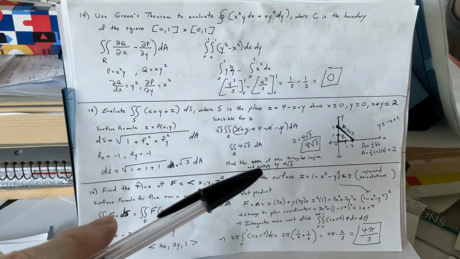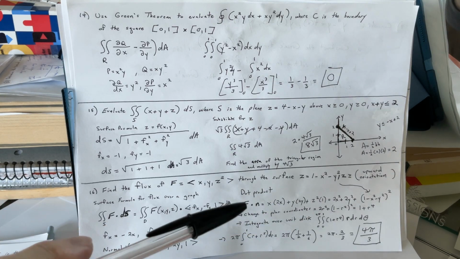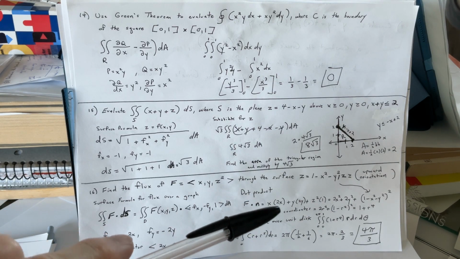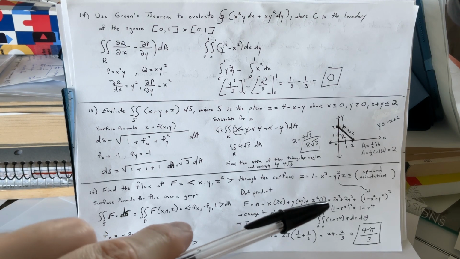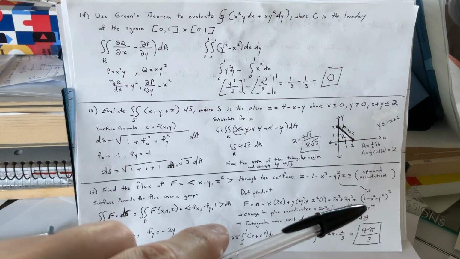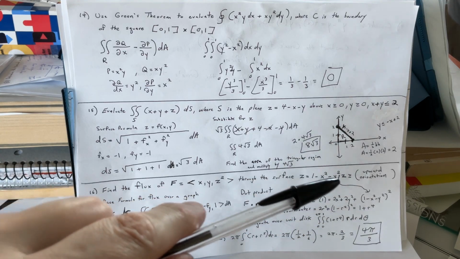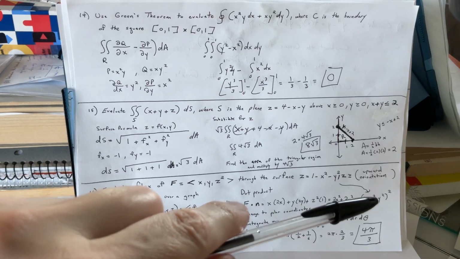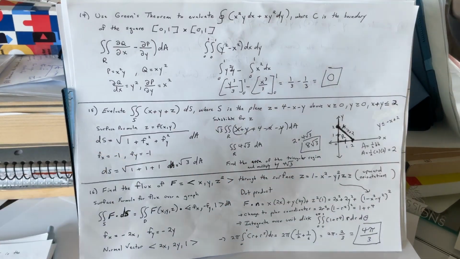Now the dot product F dot n is just basic here. We have x times 2x plus y times 2y plus z squared times 1. That's 2x squared plus 2y squared plus this whole thing, 1 minus x squared minus y squared, squared. Don't forget about that z squared.